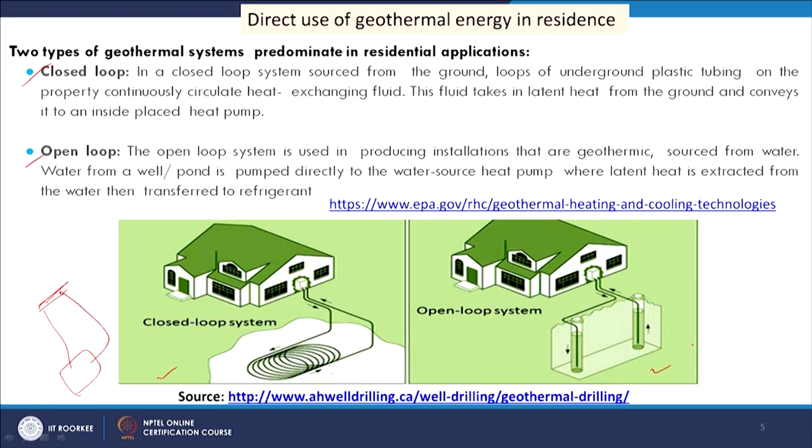Open loop system means we are using water here, and from the home we are using some solvent for taking the heat from this open system. That means from the underground we are taking the water in some open form, and then using it at the home.